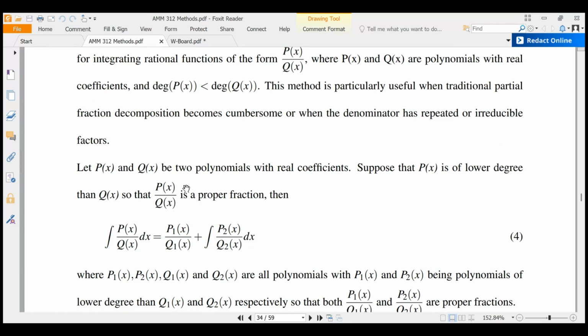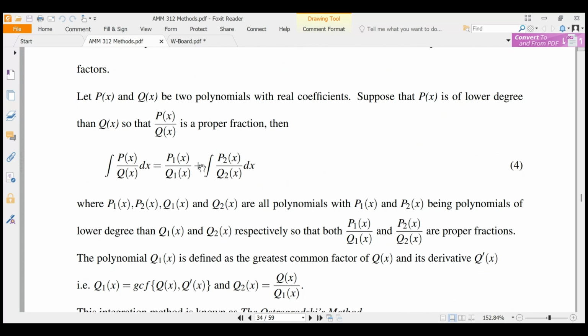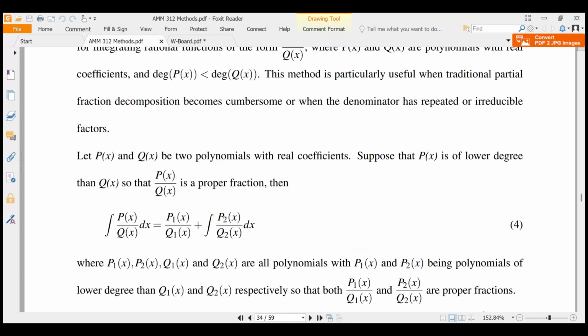Then the integral of p of x divided by q of x with respect to x can be expressed as p1 of x divided by q1 of x plus the integral of p2 divided by q2 of x. p1 and p2 are polynomials, the same with q1 and q2, and p1 should be a polynomial of lower degree than q1, while p2 should be a polynomial of lower degree than q2, so that both p1 all over q1 and p2 all over q2 are proper fractions.